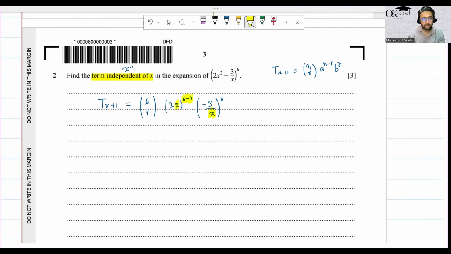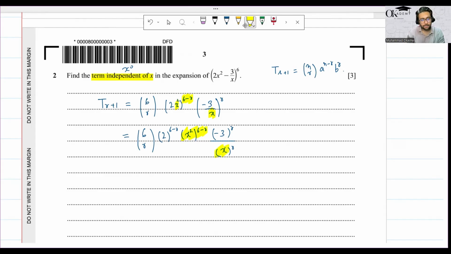Let me isolate this. It's actually x squared to the power 6 minus r, and negative 3 to the power of r, and x to the power of r.